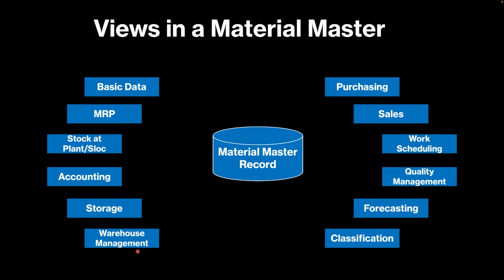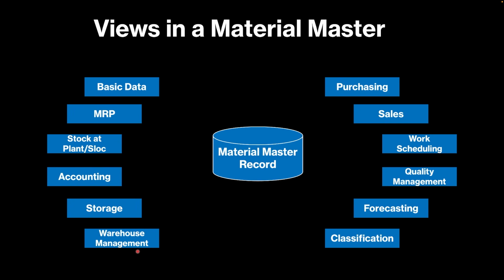Okay. Now, to create certain documents, you must have minimum views for a particular material code. Let's say that you want to create a purchase order. Then you must have basic data, purchasing data, and accounting data. Let's say that you want to create GR for a purchasing document. Then you must have basic data, purchasing data, accounting data, and storage data.